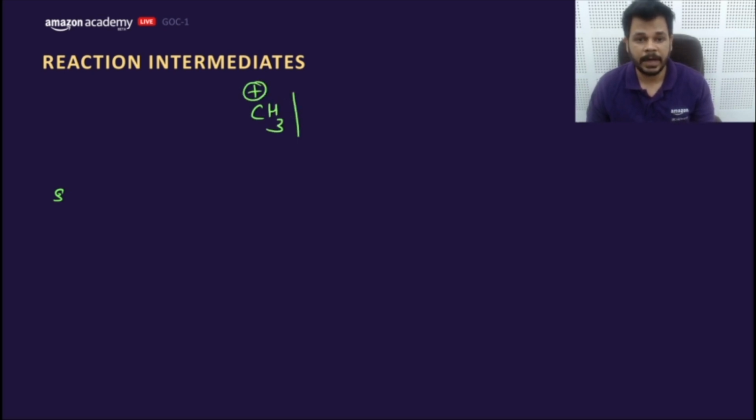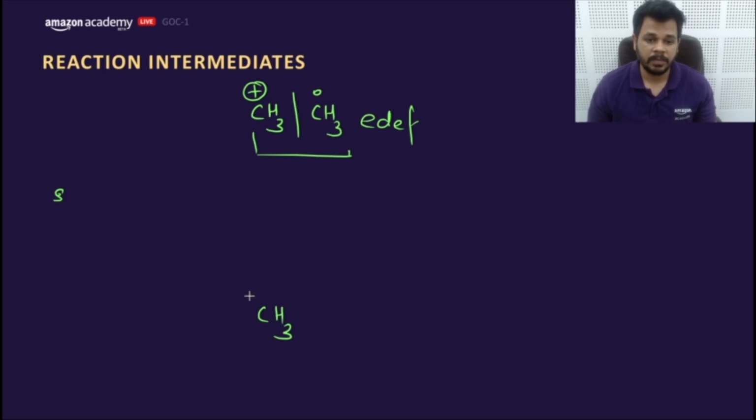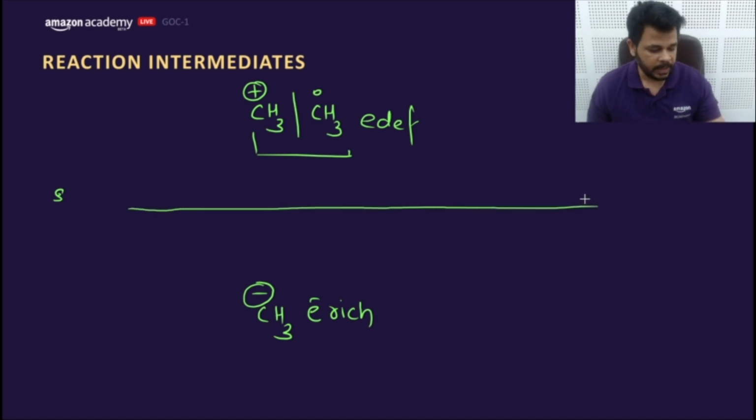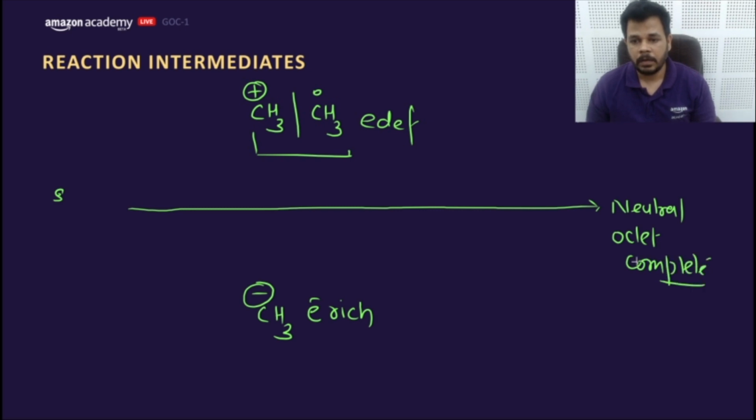CH3 plus, which is a carbocation, and CH3 dot, which is a free radical, both are electron deficient species, and CH3 minus is electron rich. All are very unstable species. They want to convert into a neutral species which has a complete octet. So anything which will help them reach here will stabilize them.